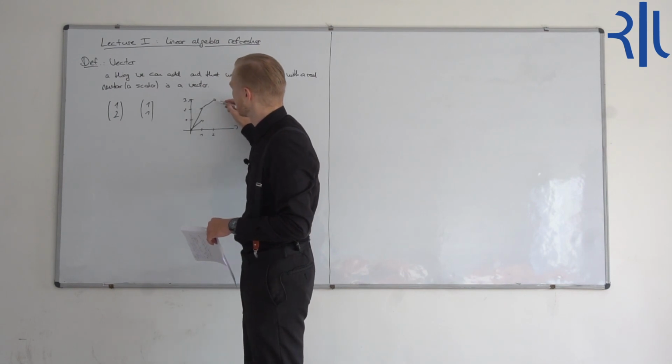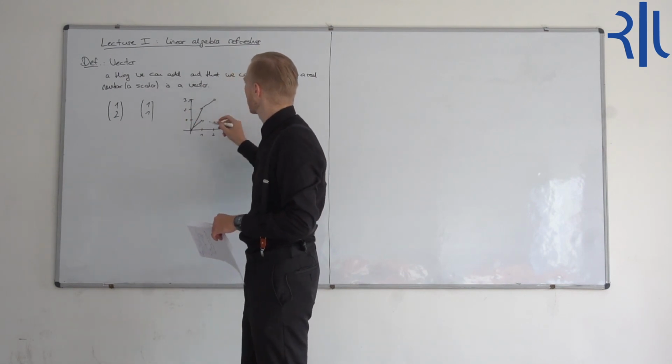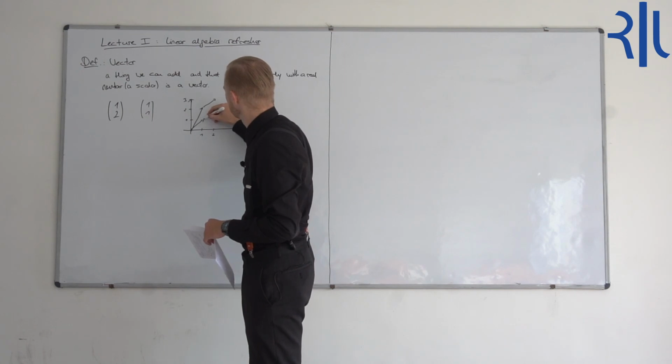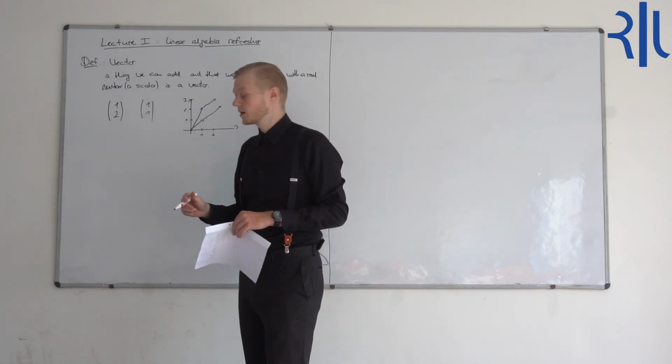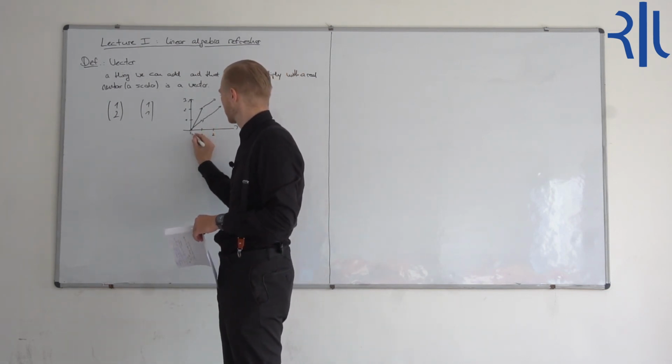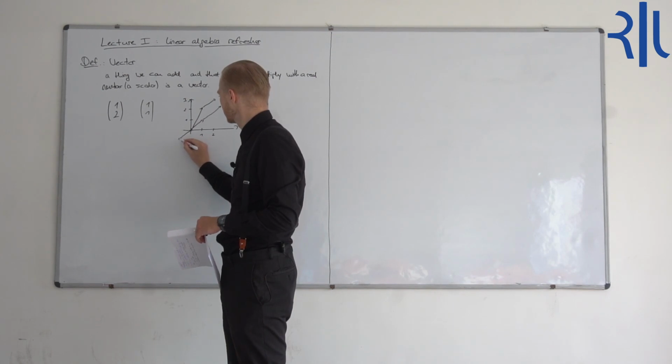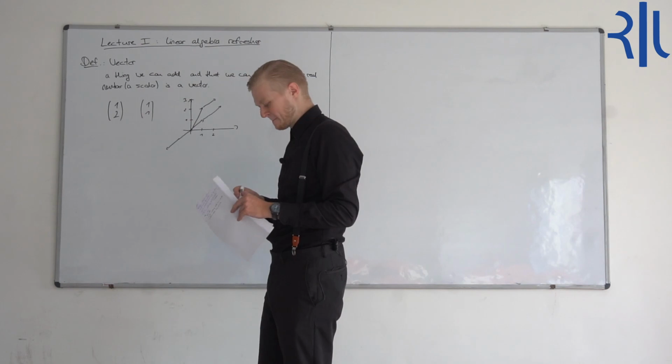This here would be (1, 2) plus (1, 1). And you can also scale them with a real number. So you can multiply that vector here with 3, and it gets 3 times as long. You can also multiply it with -3, and you would get the vector that goes down here.